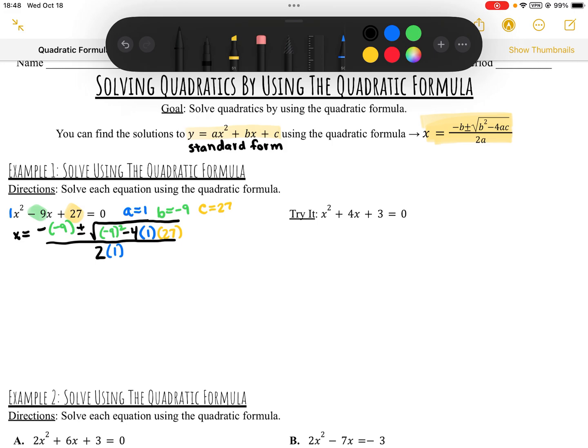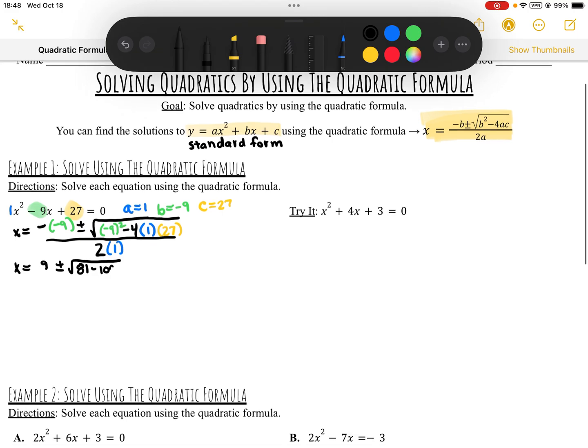So now I'm going to go ahead and start simplifying. So I have x equals negative times negative 9 will give me a positive 9, plus or minus the square root. Negative 9 squared is 81. And then minus 4 times 1 times 27 will give me 108. Over 2 times 1, which is 2.